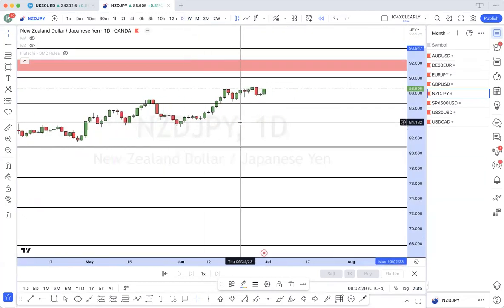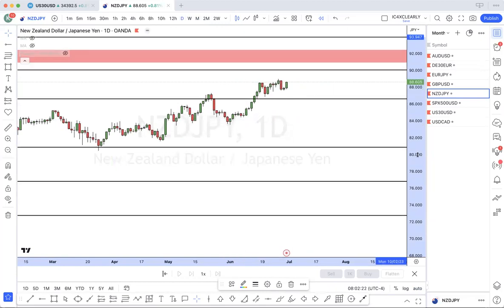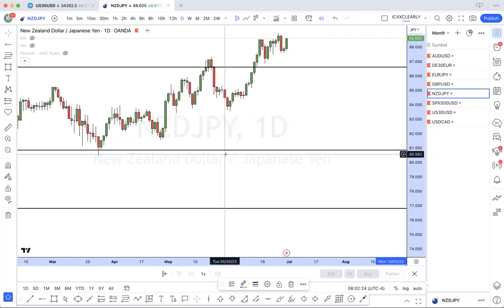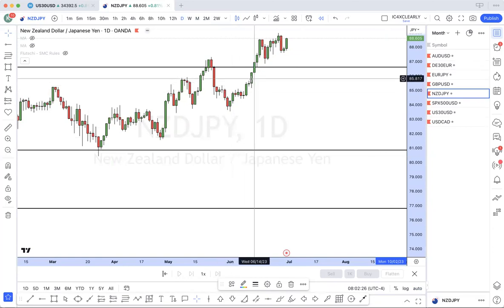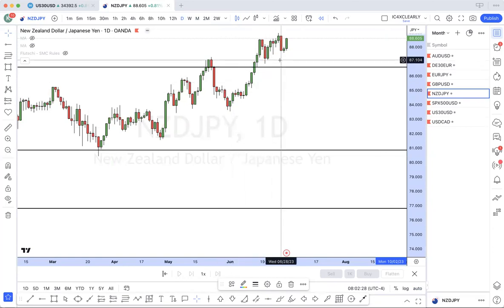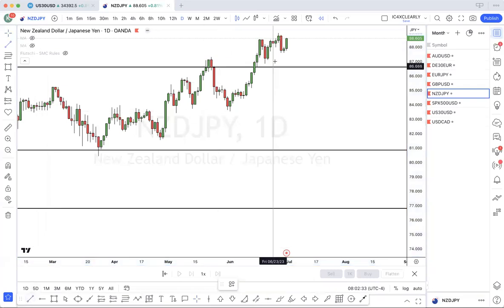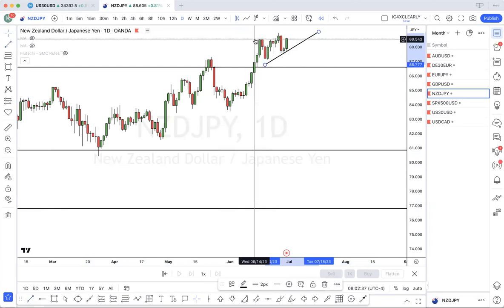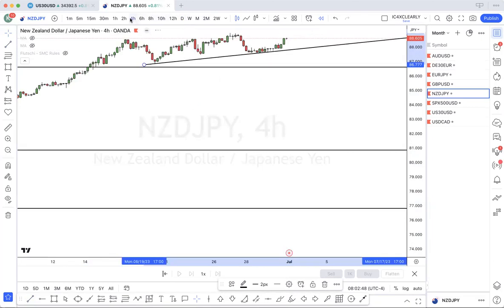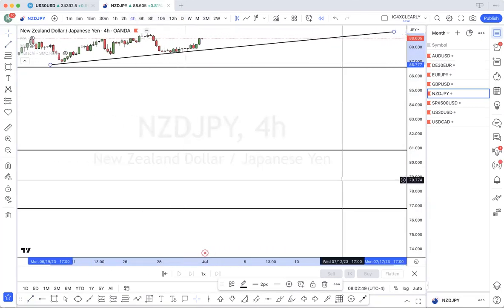So definitely look for price to continue. So it broke these highs, correction, and now it looks like it's pushing back to the top side. So 4 hour.